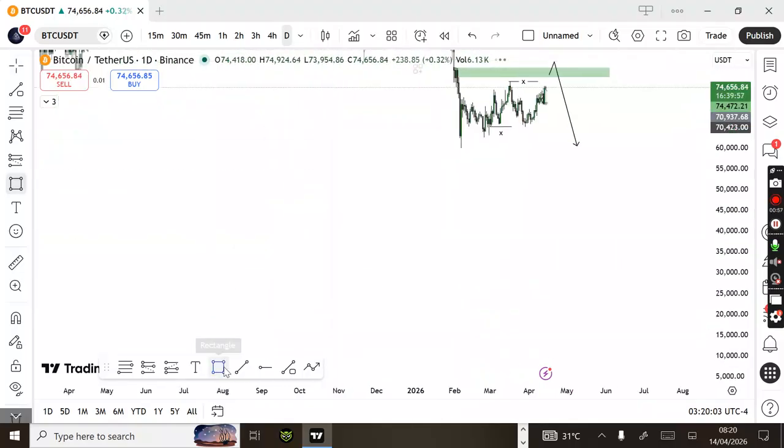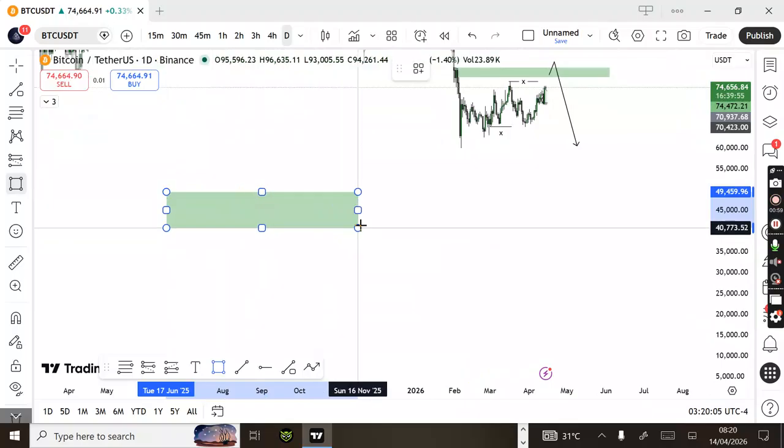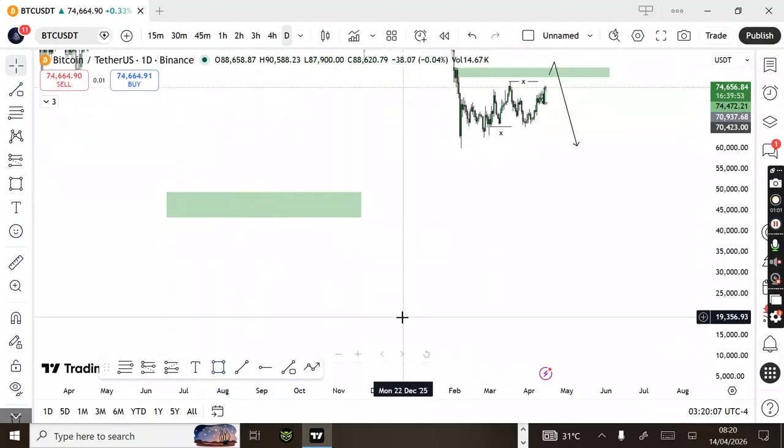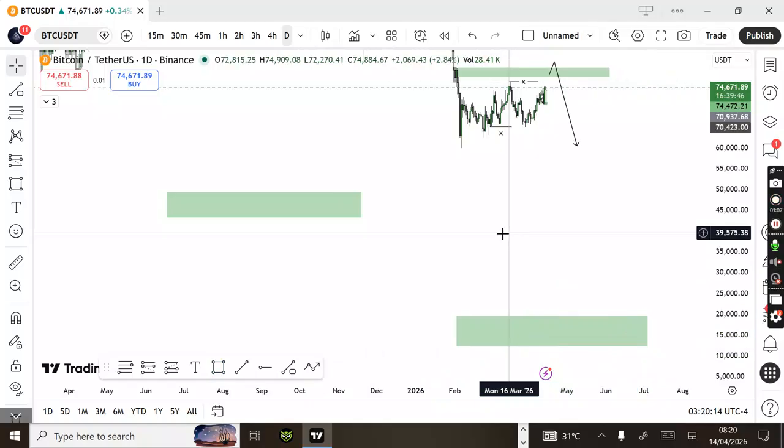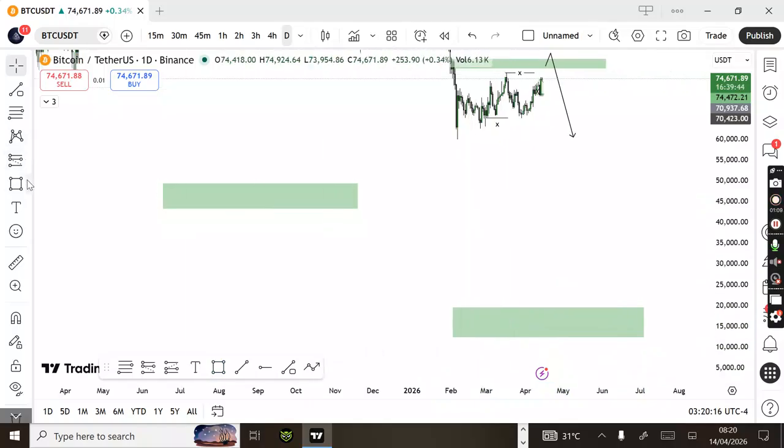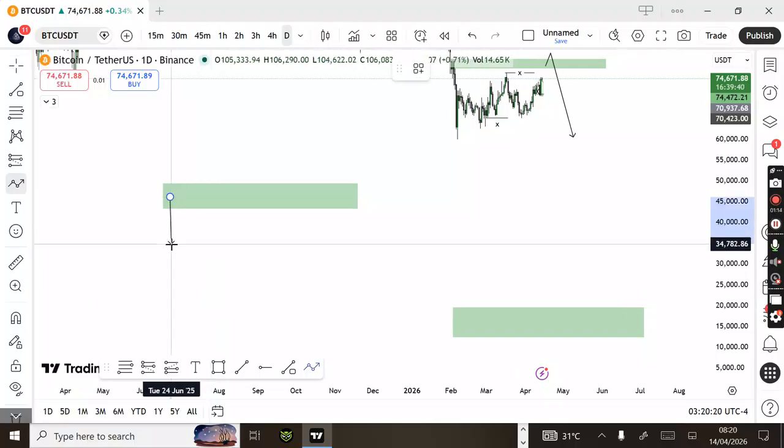So if you look here, there are two types of order block. I'll be talking about both order block and breaker block. There's this and there's this. This is for buy. Now this is another block. For instance, price is coming here and then goes here, then keeps coming down.